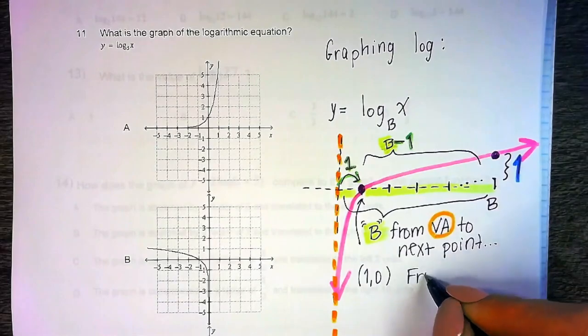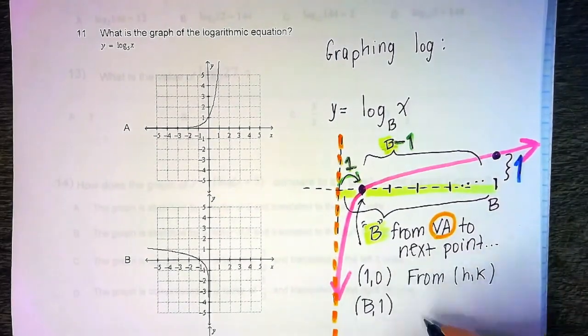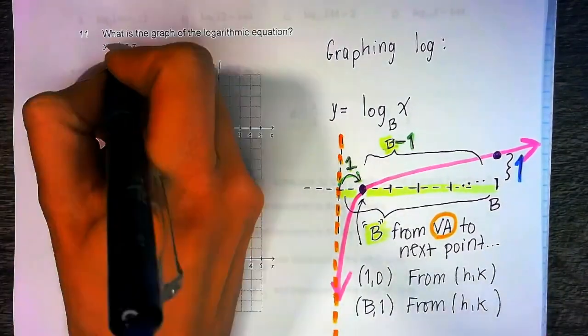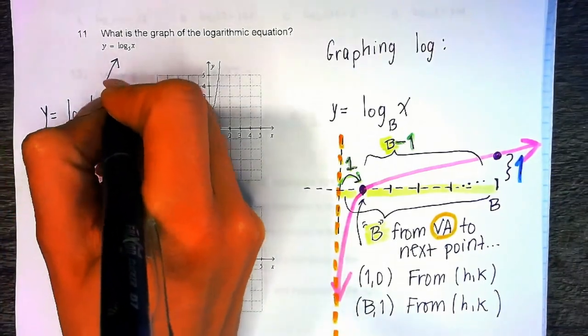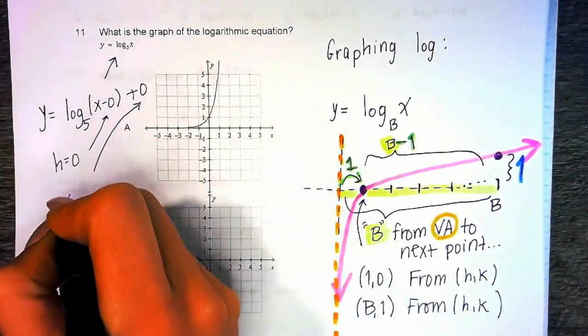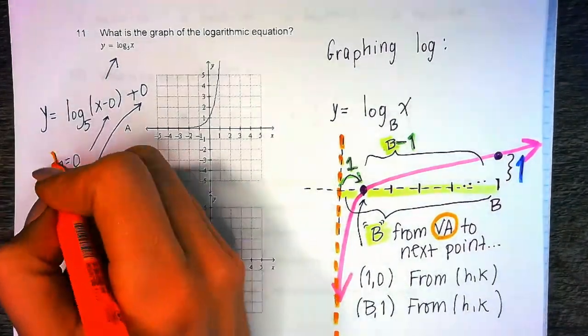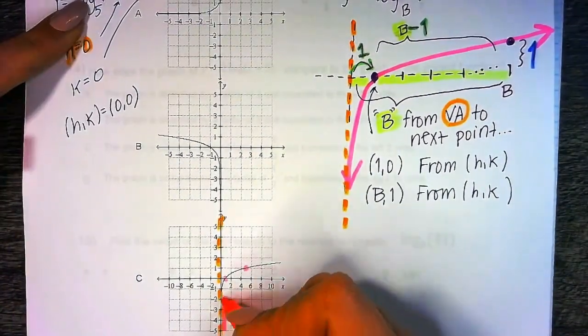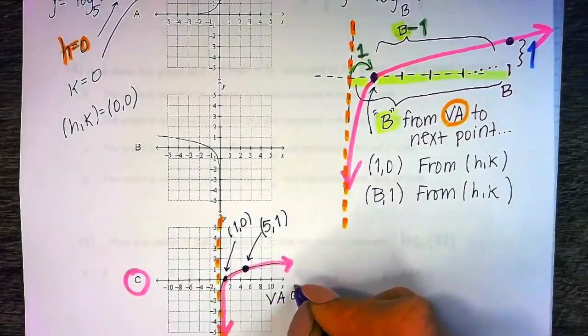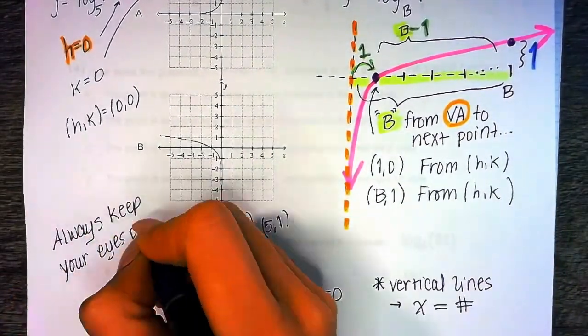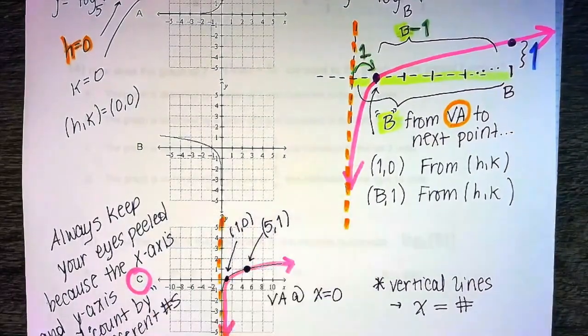In this case, it will be from the origin because the logarithmic function hasn't been shifted left, right, up, or down. Another word for shifted is translated. There's really only one option that has even remotely close to the right shape, so we definitely investigated choice C first, which ends up being the answer.